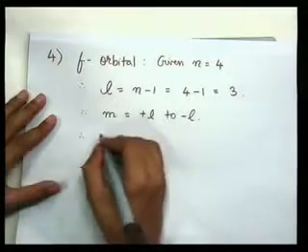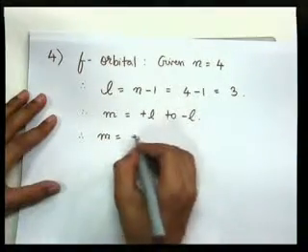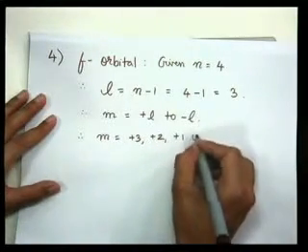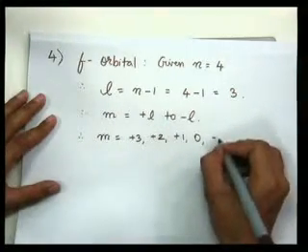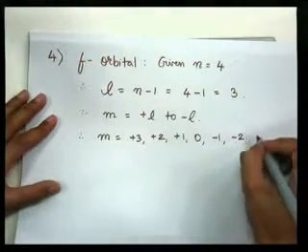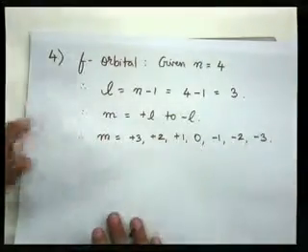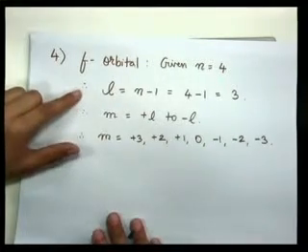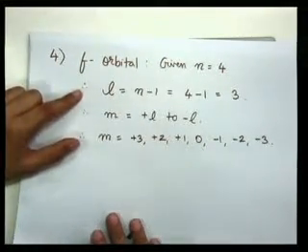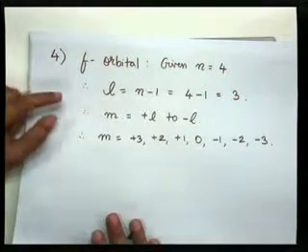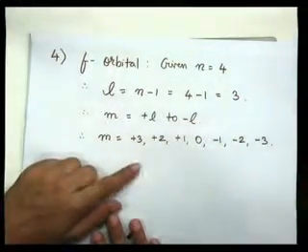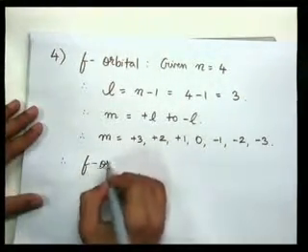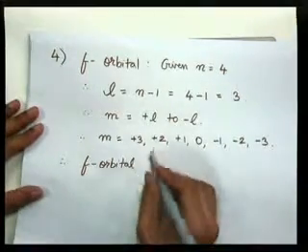You can calculate the m as plus 3, plus 2, plus 1, 0, minus 1, minus 2, minus 3. So here for the given principal quantum number value n equal to 4, your L, that is angular quantum number, takes up the value equal to 3. Your m, that is magnetic quantum number, is going to take up the value from plus 3 to minus 3 including your 0. Therefore we can write here that your f orbital is 7-fold degenerate.